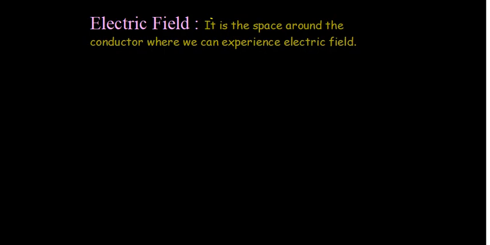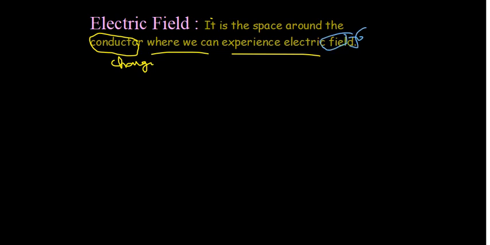It is the space around the charge. It's not a conductor, so that's a wrong thing. It's a charge. It is the space around the charge where we can experience the electric force.